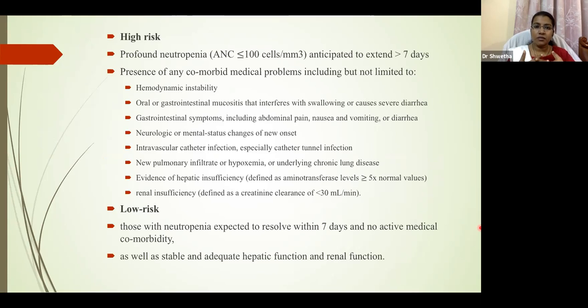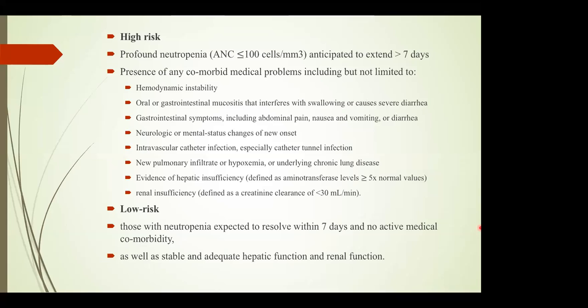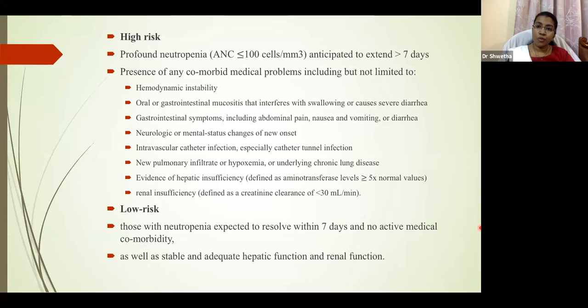Generally, when we treat a patient with febrile neutropenia, we risk stratify them into high risk and low risk. The high risk patients are those who have profound neutropenia, that is an ANC of less than 100, and we anticipate it to extend for more than 7 days.